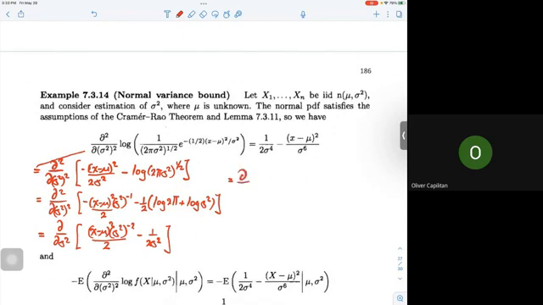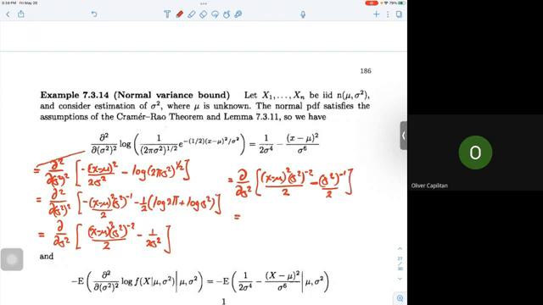Or this is just equal to the partial derivative with respect to sigma squared. We have here (x minus mu) quantity squared times sigma squared to the negative 2 divided by 2, then we have 1 times sigma squared raised to the negative 1 divided by 2.